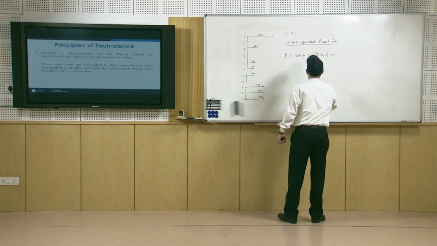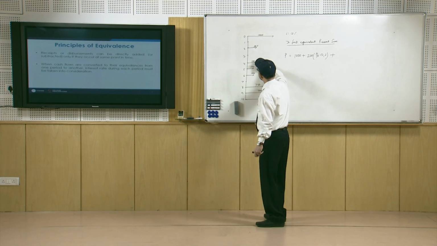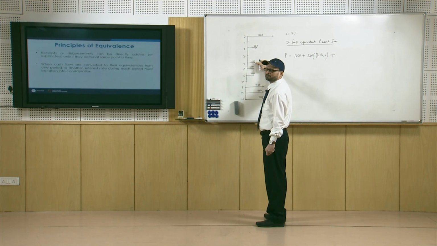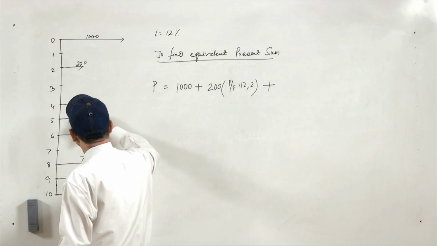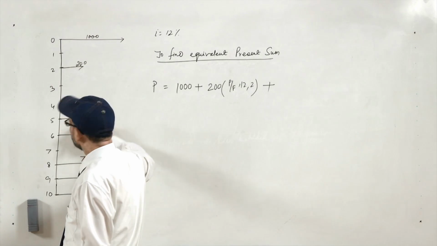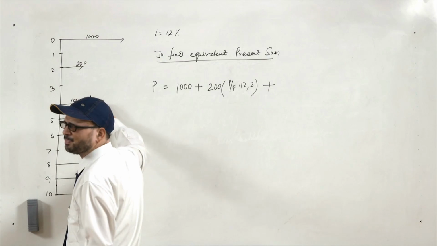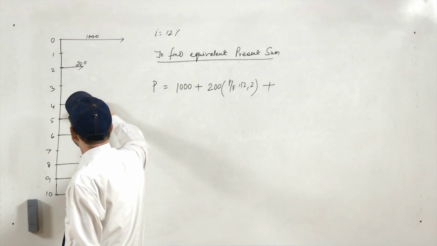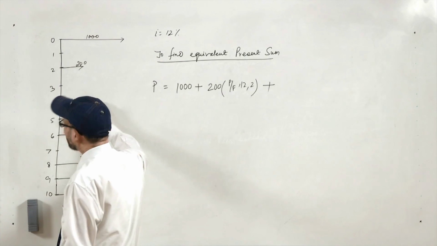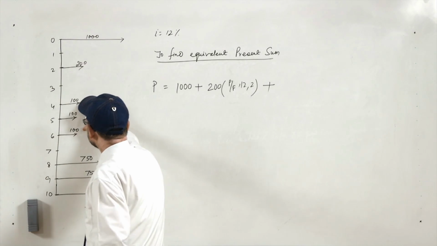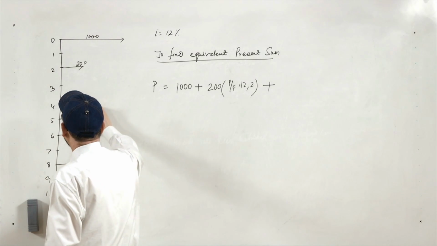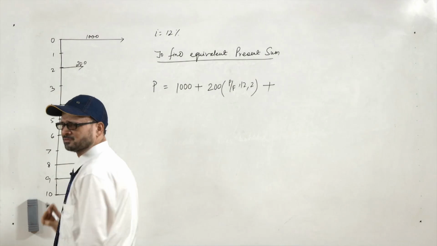Now, we can basically individually get the present worth values of these quantities, each one being multiplied with single payment present worth factors, but that is not an intelligent way to solve it. What we see is this is an equal payment series.